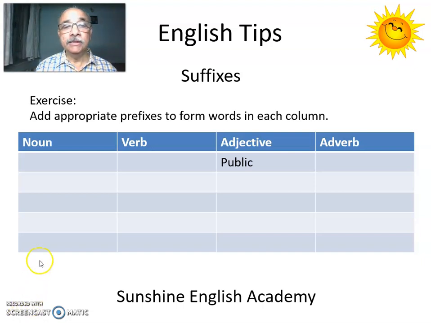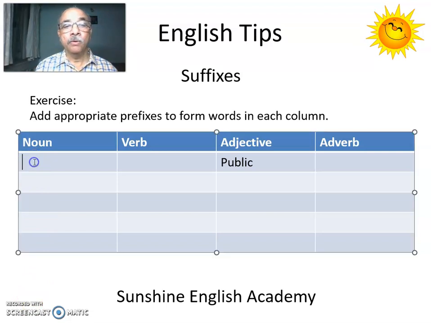Think of the word. What do you think it can be? Well, it can be public itself, which is also a noun, or we can have publicity. Publicity is a noun.